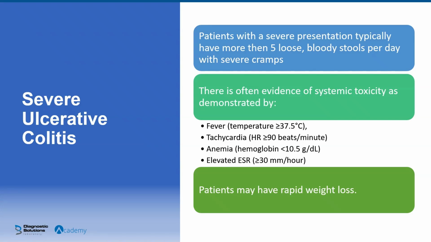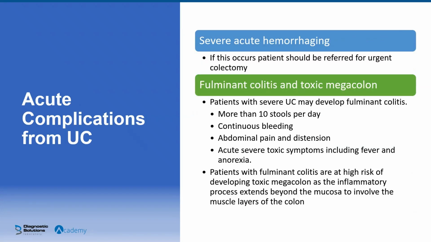The scariest part of having an acute severe UC condition is it could really cause some very significant issues. Severe acute hemorrhaging rectally, if they cannot get their bleeding under control, is considered a surgical emergency, and they absolutely are at risk of developing fulminant colitis or toxic megacolon.